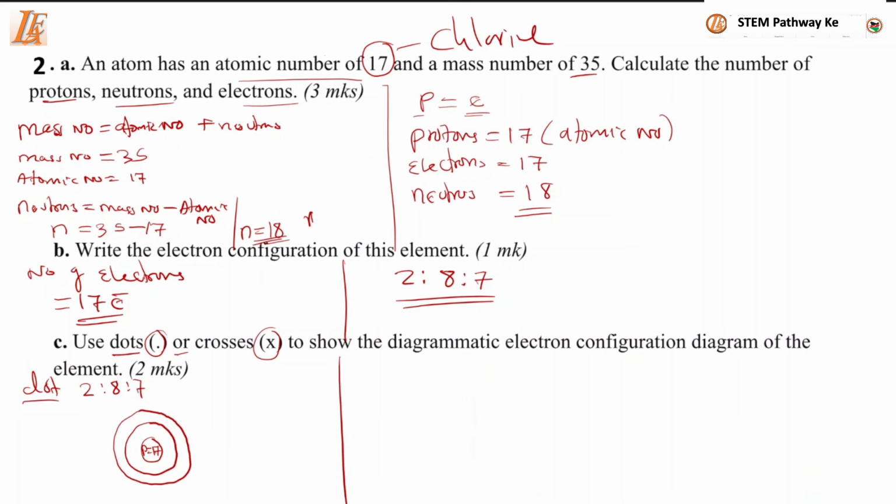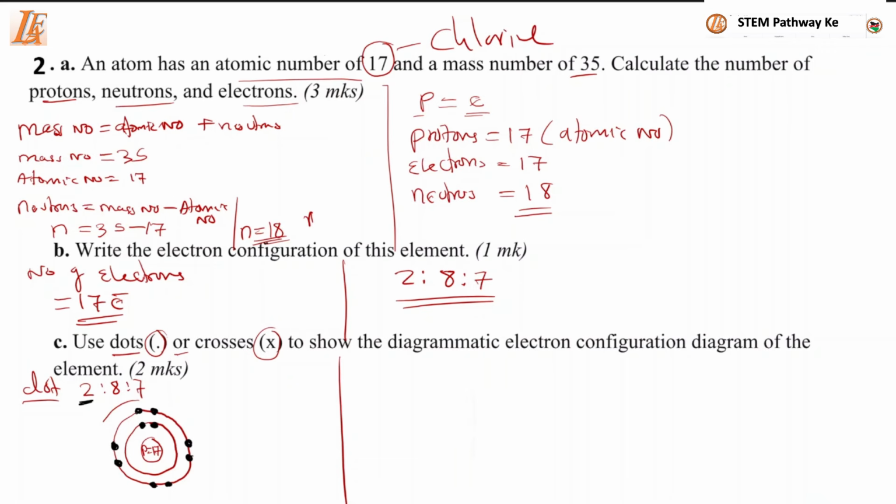So if we are using dots, let's use a black color. We'll have a dot there and a dot there. Those are the electrons in the first energy level. Then the second energy level, we have 8: 1, 2, 3, 4, 5, 6, then 7 and 8. Those are the electrons in the second energy level.